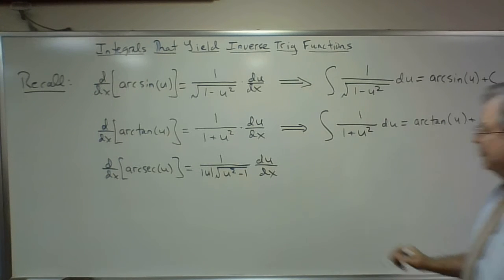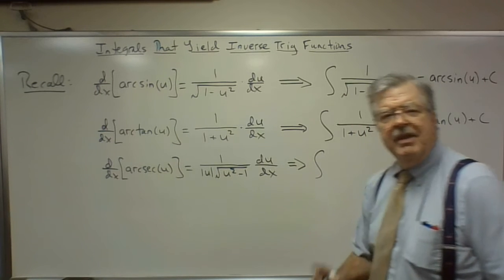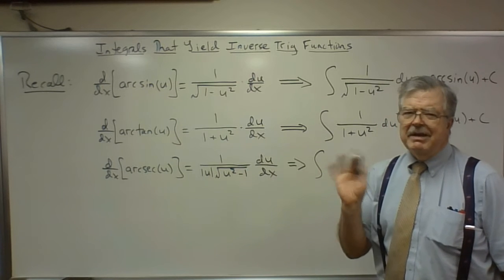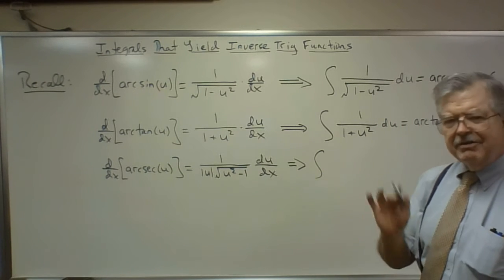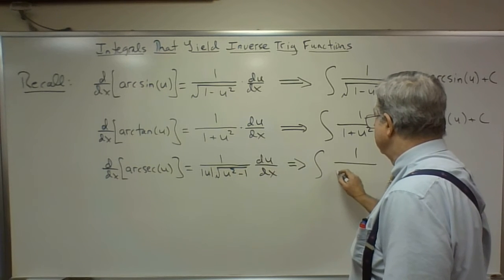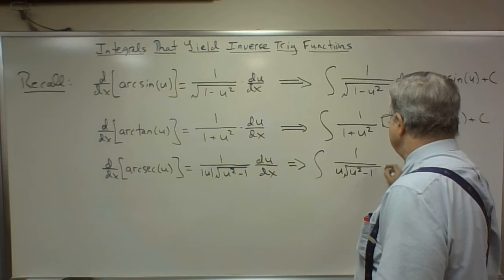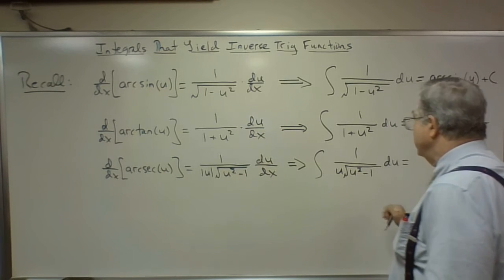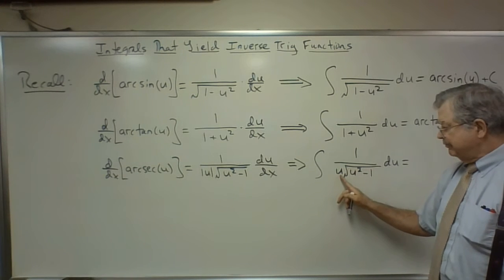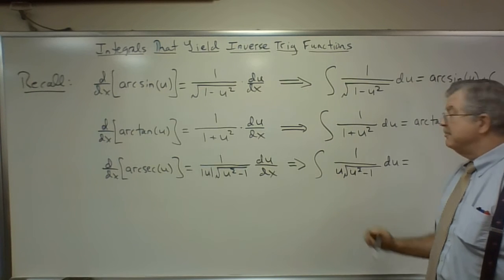And with the arc secant, because of the absolute value bars, we're going to make a slight alteration, but just very slight. In our integrand, we won't have absolute value of u. We'll just have u.